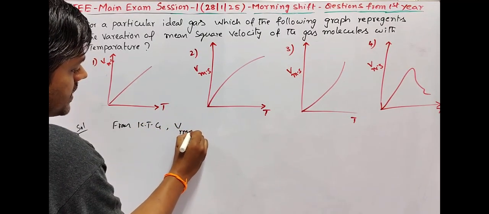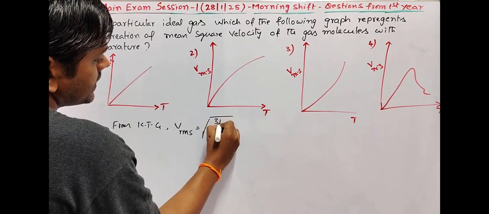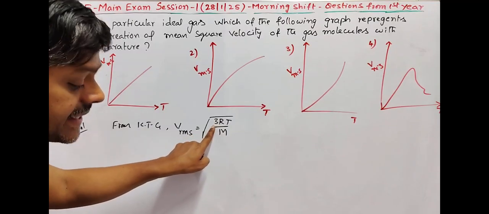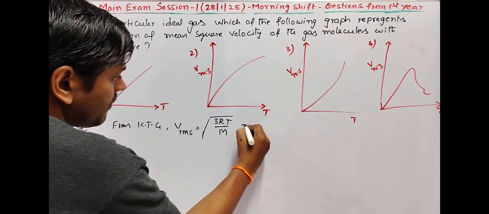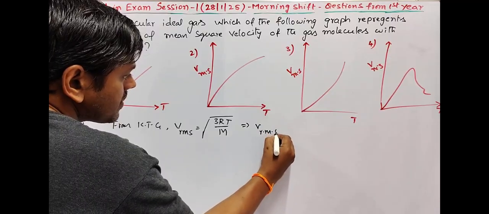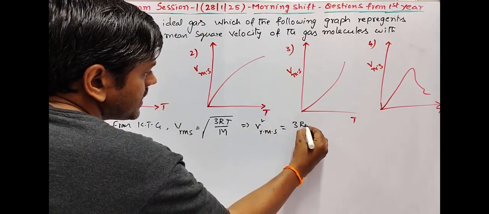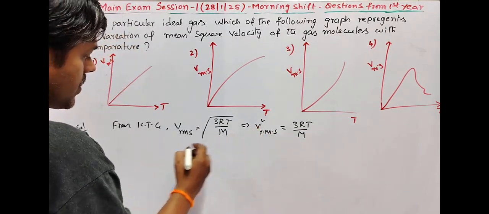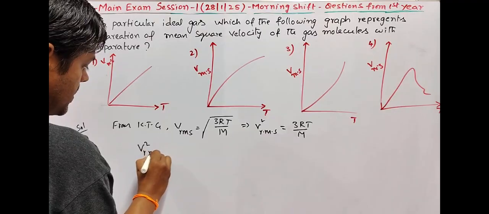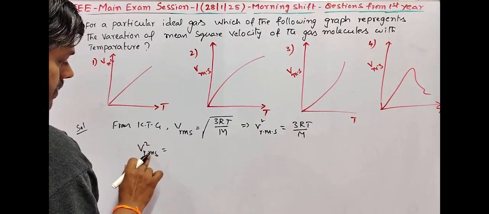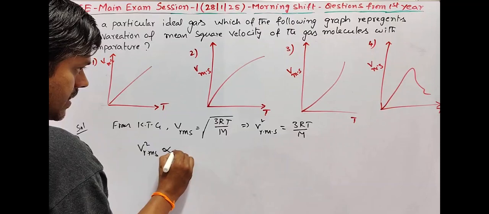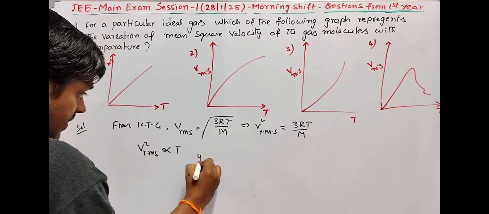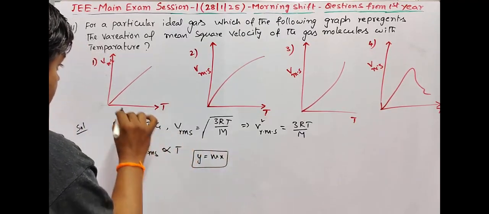Root mean square velocity is equal to root over 3RT by M. From this, squaring both sides, V_rms squared is equal to 3RT by M. That means the mean square velocity is directly proportional to T. So when you draw a graph, you must get y equal to mx form, which is nothing but a straight line.